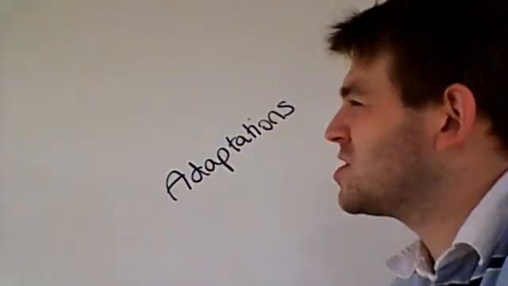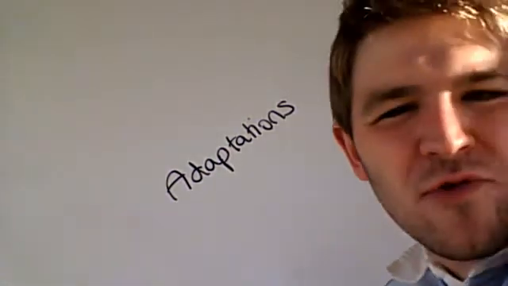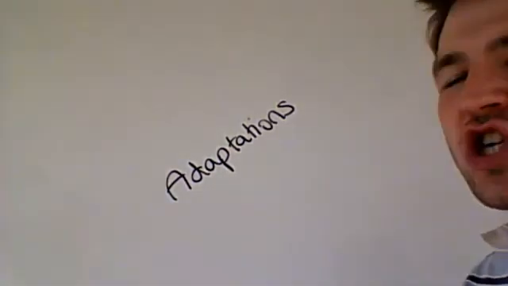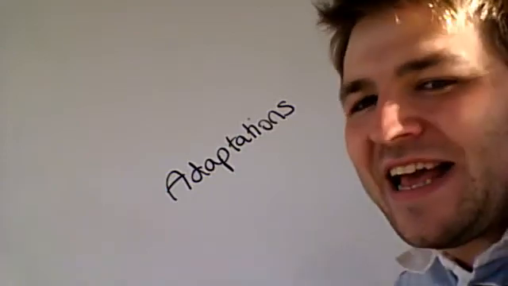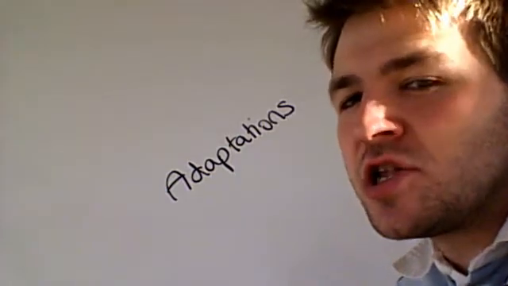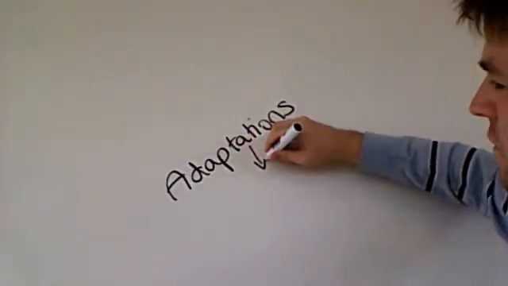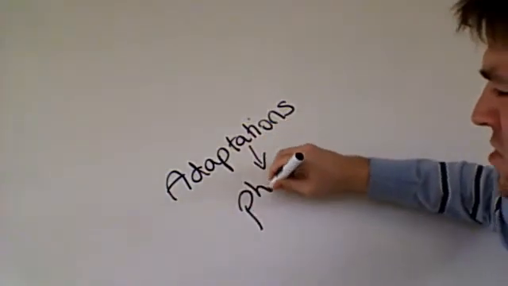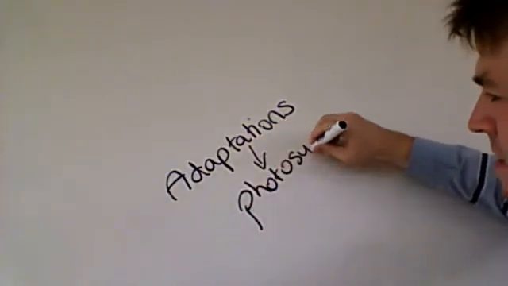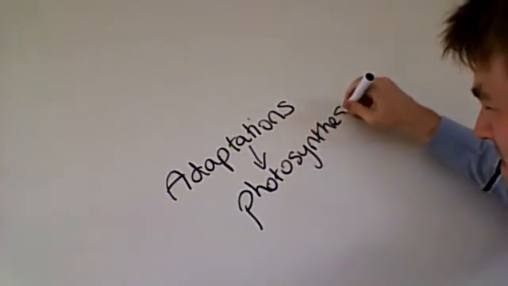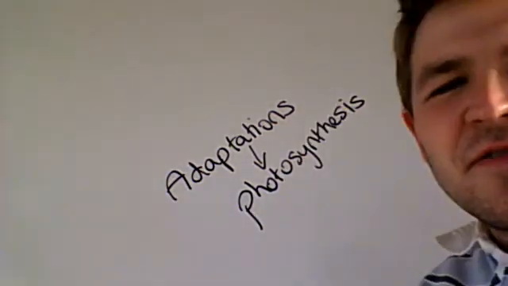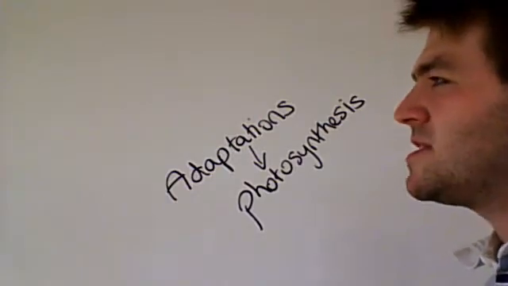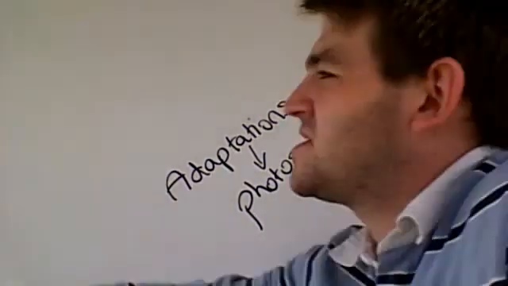I want to talk today about all the different ways plants have many adaptations for photosynthesis. So that's the first part of what I'm talking about today, these adaptations for photosynthesis.